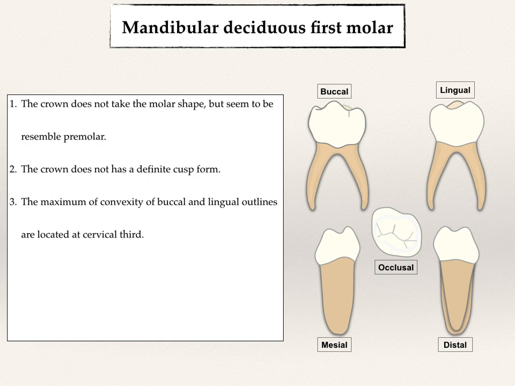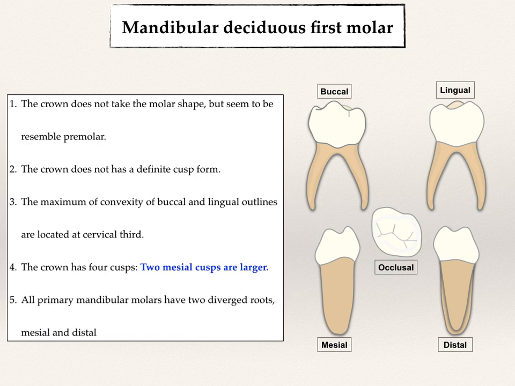Both maximum convexities of the buccal and lingual outlines are located at the cervical third. The crown has 4 cusps, and the 2 mesial cusps are larger. All primary mandibular molars have 2 diverged roots, mesial and distal.